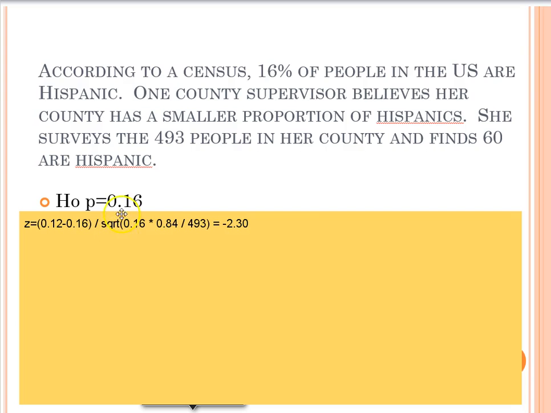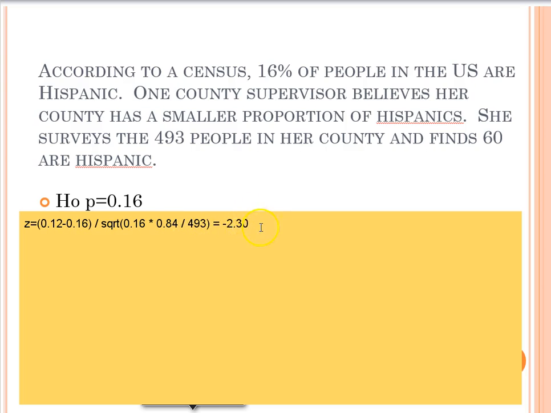So that's just the square root of our p naught times 1 minus p naught. So this 0.84 is just 1 minus 0.16. And then we divide by our sample size. So we take into consideration how big of a population that we are sampling. And that's going to give us a z-score of negative 2.30.